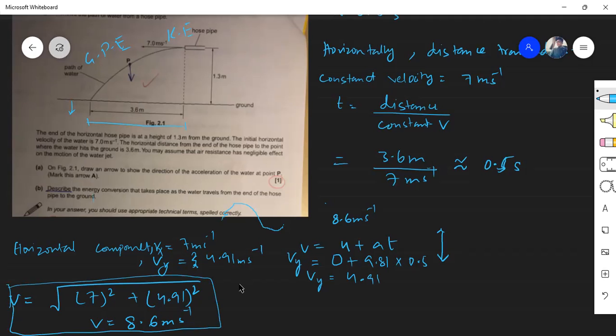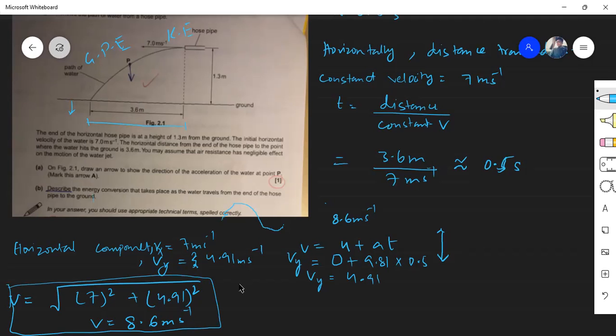Were you asking about this formula or something else? Yeah, that one. Is that the V squared equals U squared plus 2AS? Oh, no. This is the formula for the magnitude of a vector which has horizontal and vertical components.